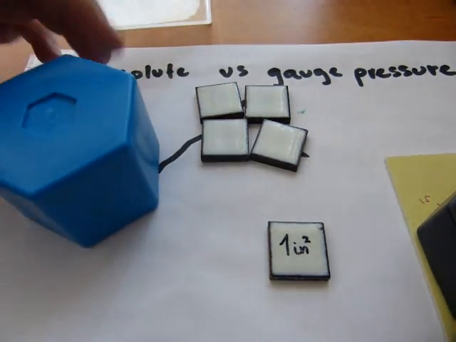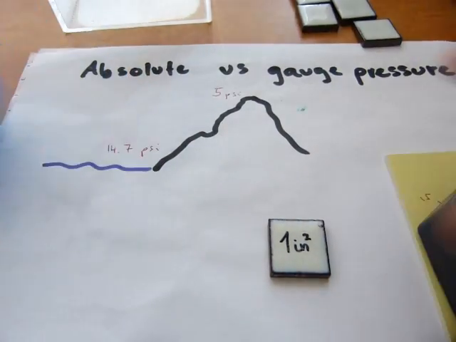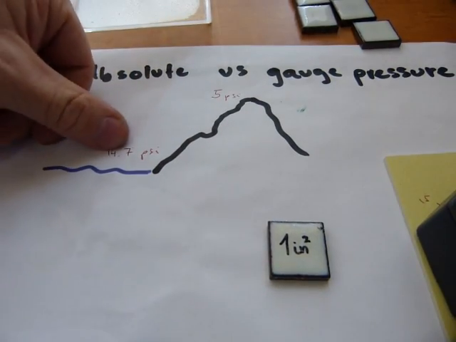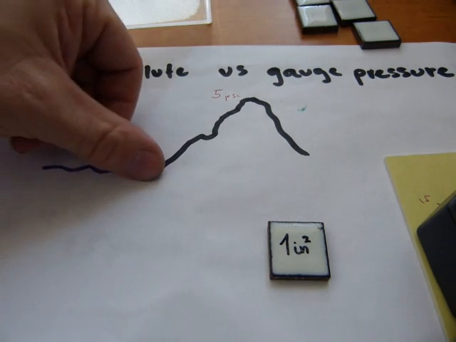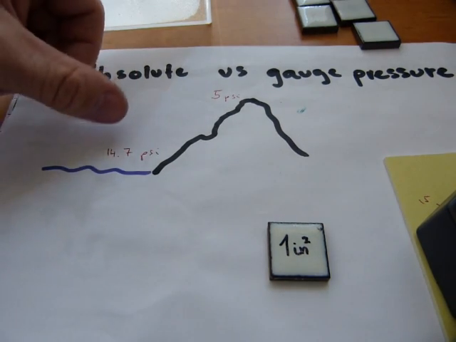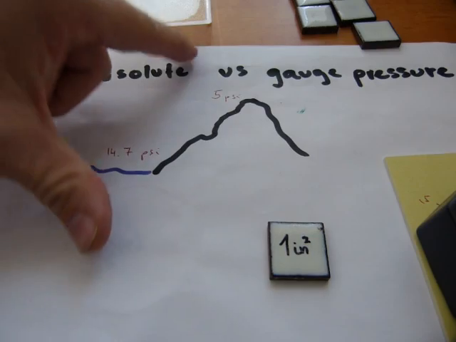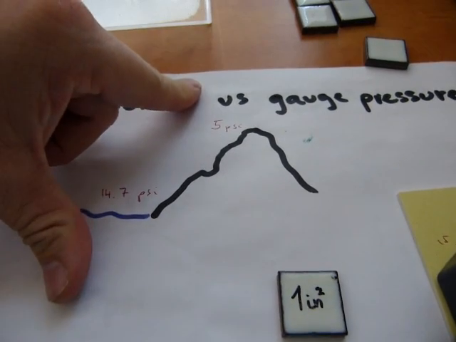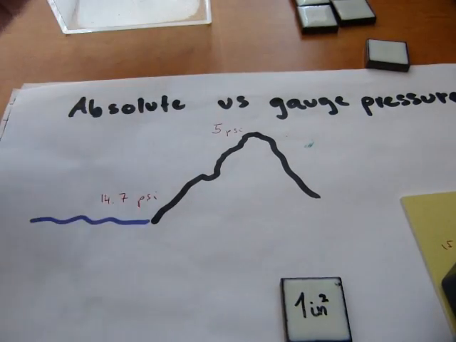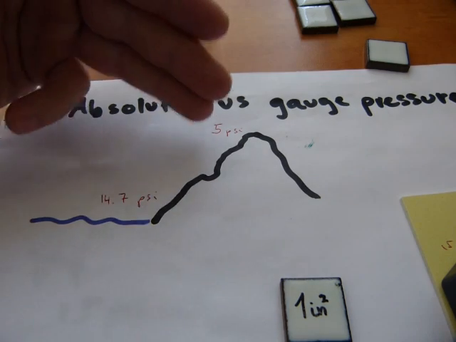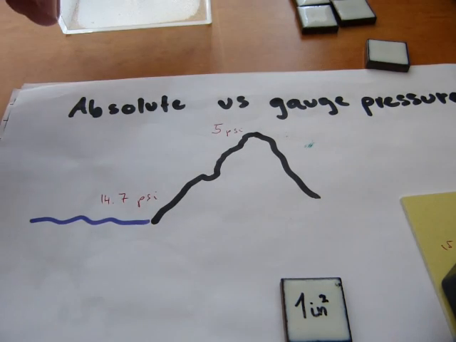I also have this demo here. This 14.7, almost 15 psi, is measured at mean sea level, and if you go up to a tall mountain, something like Mount Everest, or at the cruising altitude of most passenger jets, the pressure outside is just 5 psi. The pressure drops.